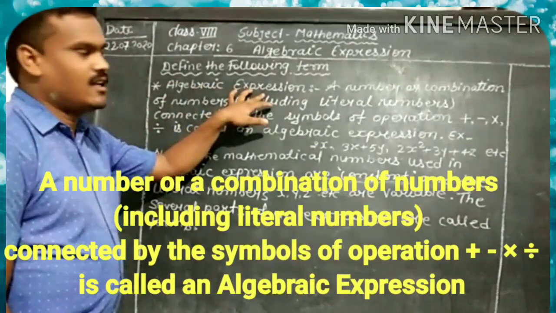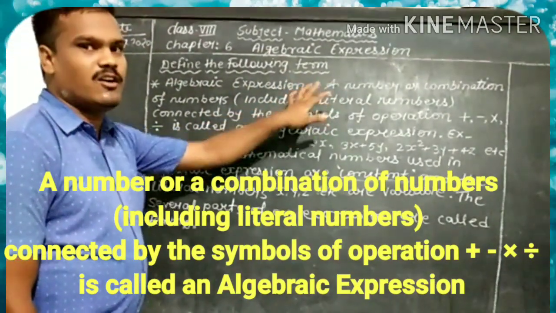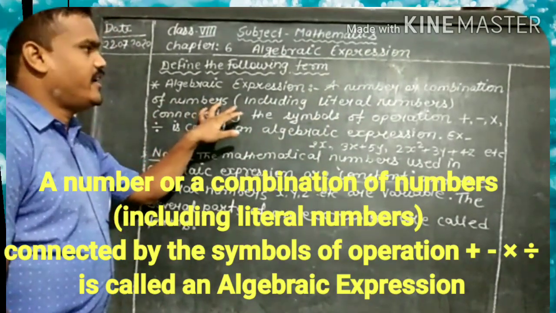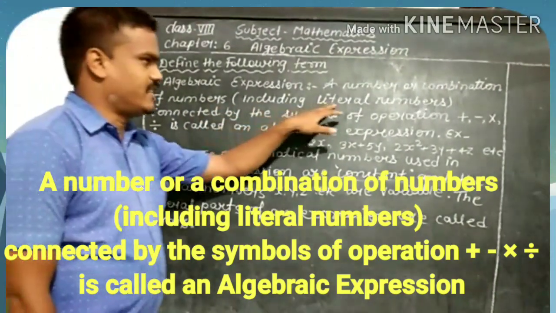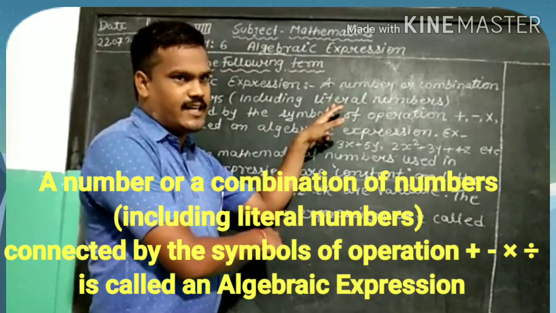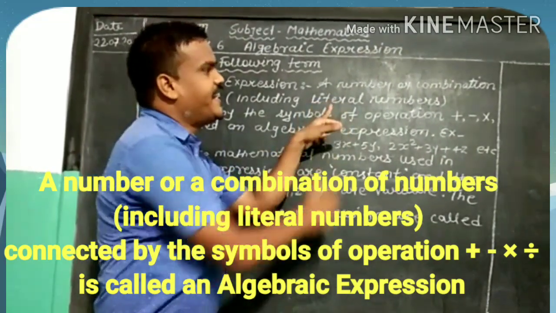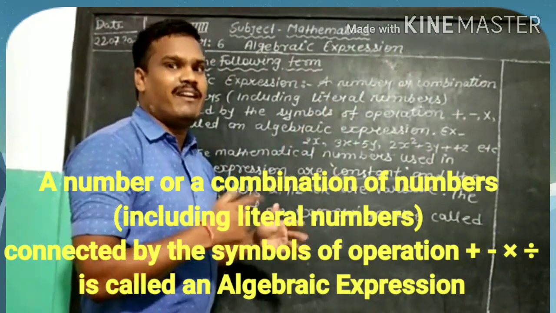Algebraic expression: a number or combination of numbers including literal numbers. Here we shall understand the meaning of literal numbers. Literal means alphabet.